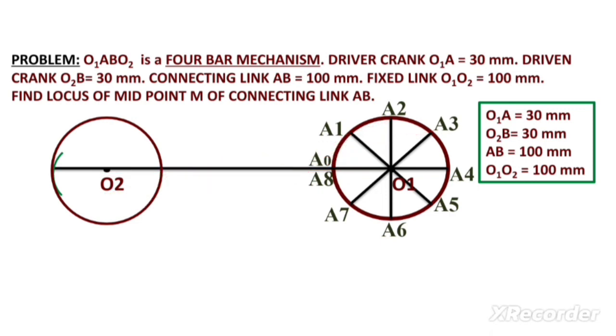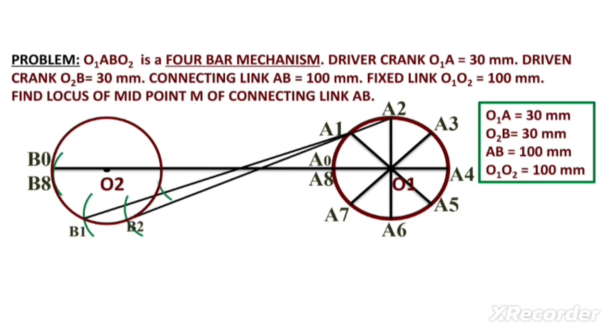We can see here points B0, B1, B2. A1B1 we join, A2B2 we join, having length 100 mm. A3B3 having length 100 mm, A4B4, A5B5. In this way we join points A6B6, A7B7, A8B8.